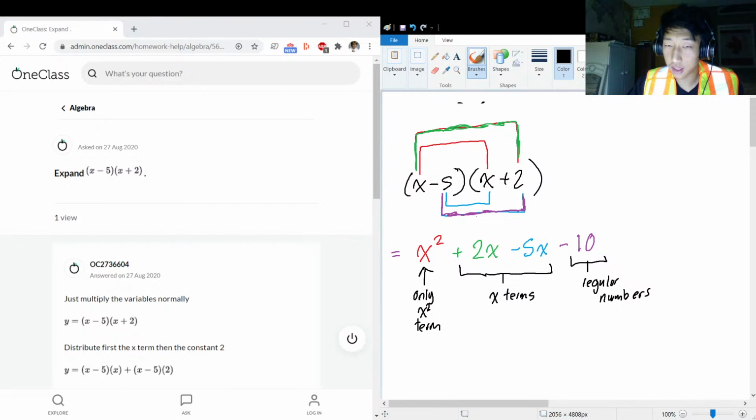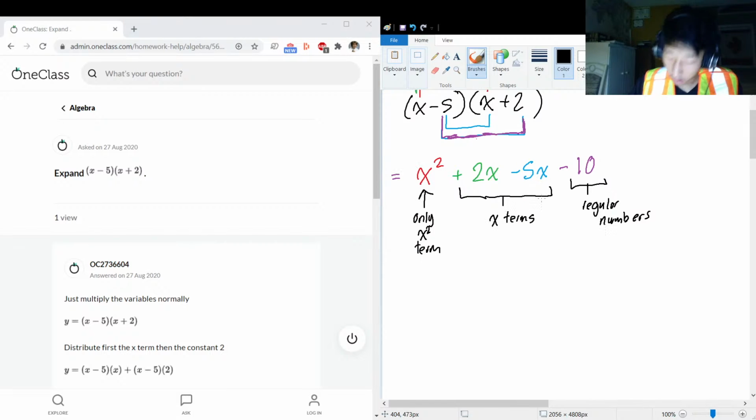So let's combine our like terms. In this case, our x terms are the only things that have more than one term. So that's just going to be x squared, 2x minus 5x. How many x's is that in total? We got 2, but we're taking away 5. That's negative 3 x's in total. So negative 3x. And the regular numbers stay the same. There's only one regular number, and we're going to keep it that way. So we got negative 10. Cool. So that is our expanded version of the equation.